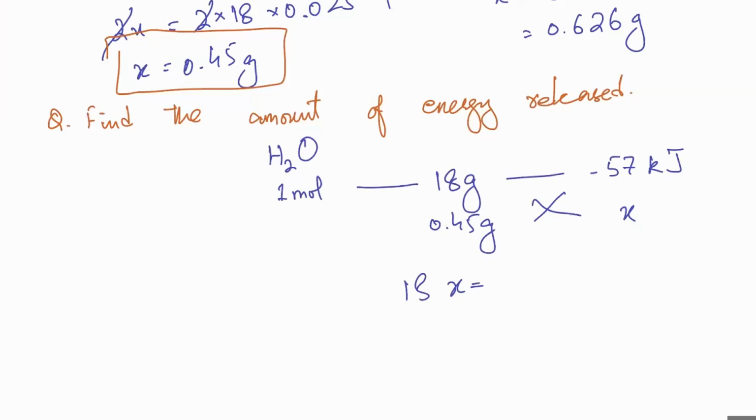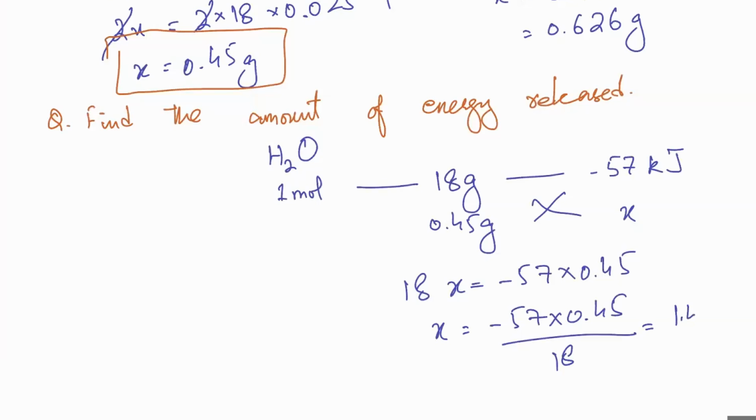So 18x is -57 into 0.45. X is going to be -57 into 0.45 over 18. And I'll just solve it. 1.43 kilojoules. That is how much is released. ठीक है? So there you go.